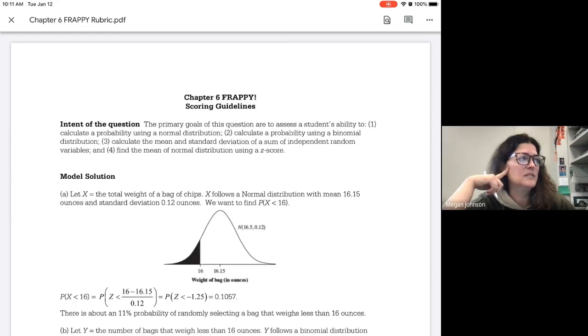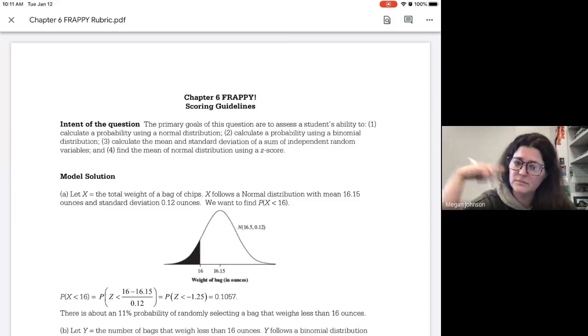Part A was, if you randomly select 1 bag of chips, what is the probability that the total weight is less than 16 ounces? What's the probability you got ripped off? That's the question. It says it's a 16-ounce bag. The mean weight of the bag is even a little bit higher than 16 ounces. It's 16.15, so that's great. So what's the probability you got a bag that was underneath 16 ounces?